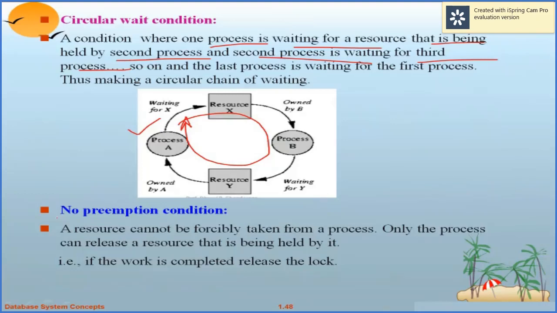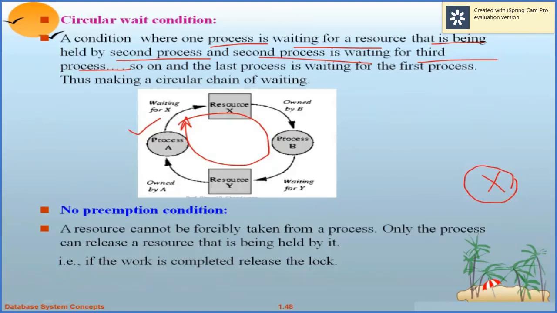Okay, next one is the no preemption condition. So what is this no preemption condition? A resource cannot be forcibly taken from a process. For example, a data element X. Every time in this complete lecture when I speak about X, this is nothing but the data element.